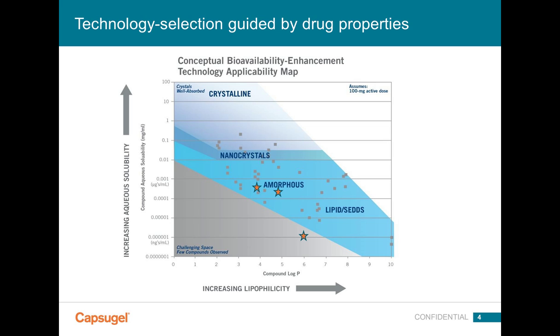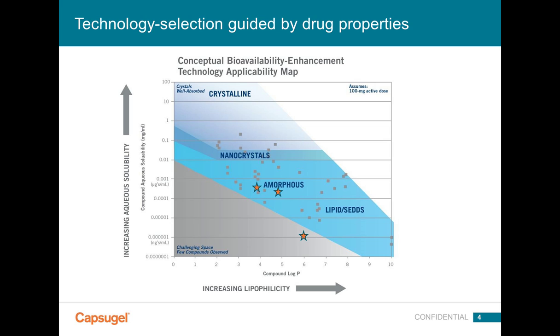APIs with slightly lower solubility can achieve good absorption when formulated as nanocrystals. For progressively lower solubility, more lipophilic compounds, an amorphous formulation can be enabling. Note that amorphous formulations are appropriate for compounds spanning many orders of magnitude in both solubility and lipophilicity. The most lipophilic compounds benefit from a lipid or SEDDS formulation.